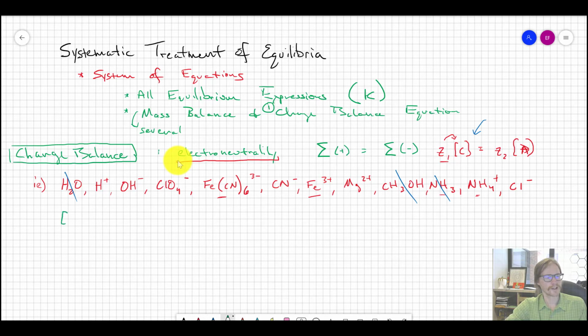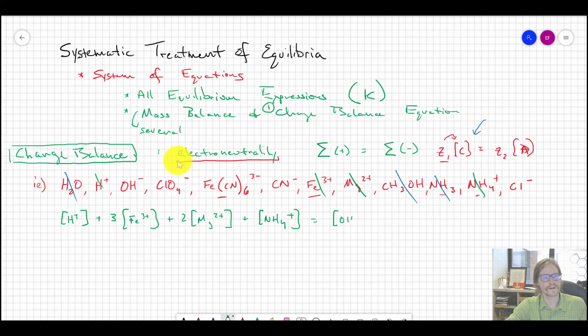So we've got the concentration of protons, and I'm just going to cross things out as I go, plus 3 times the concentration of iron 3+, plus 2 times the concentration of magnesium 2+, again, these are just coming from the charge values, plus the ammonium ion concentration, and that looks pretty good to me.